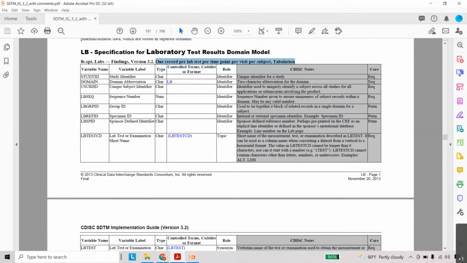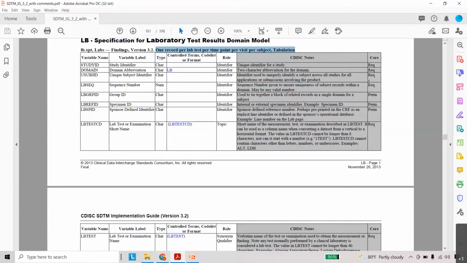These are the column headings for any domain description as per the SDTM IG. When you see a specification, instead of CDISC notes you may see derivation, and some additional columns, but the basic structure of the specification to write a program is almost similar to this.